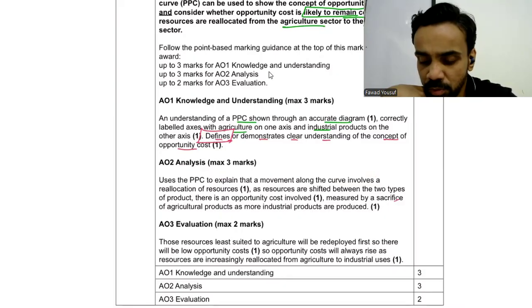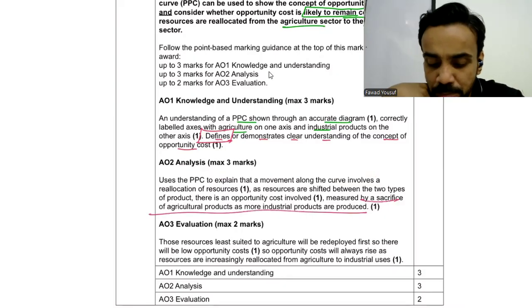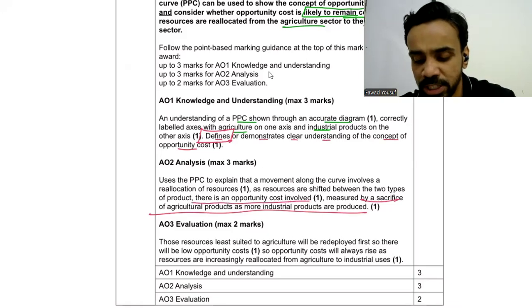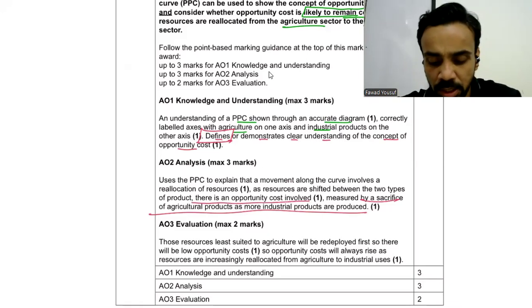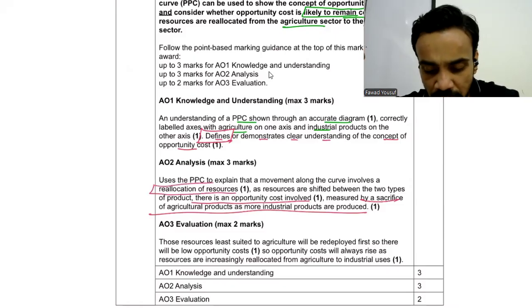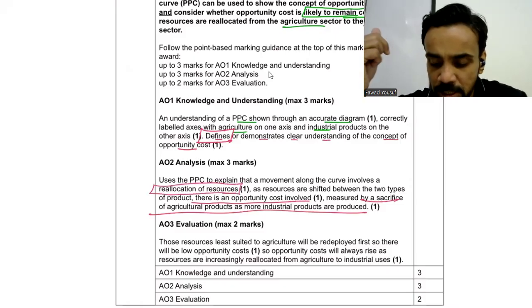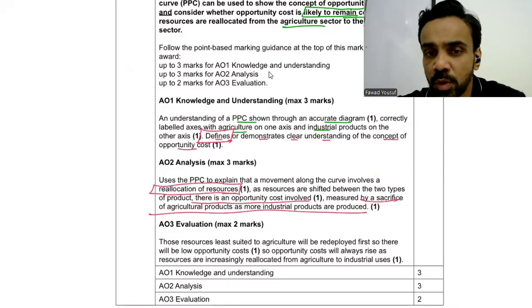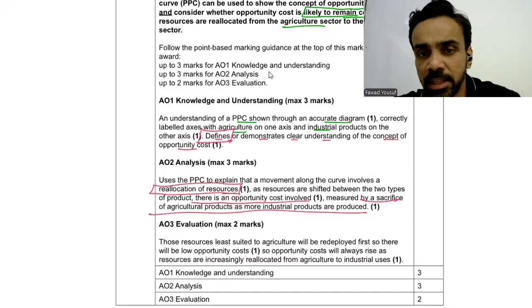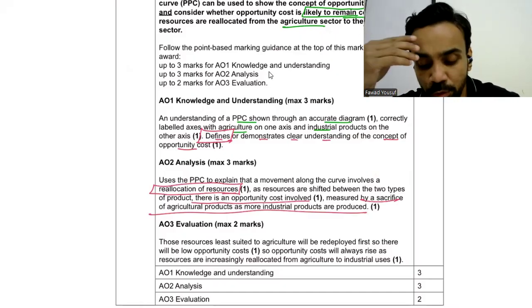So 1 mark goes for just mentioning that idea. Or that opportunity cost is involved, because once you're increasing something, you're giving up the other, and there is a resource reallocation taking place. We just want to see these words in the paragraph, in the direction of the diagram and how it's moving.